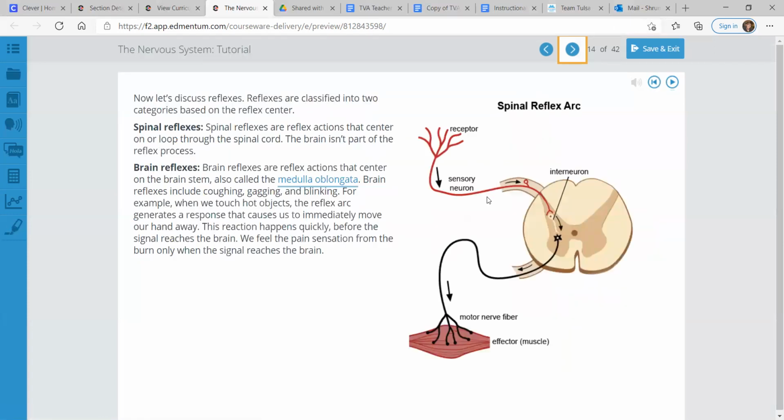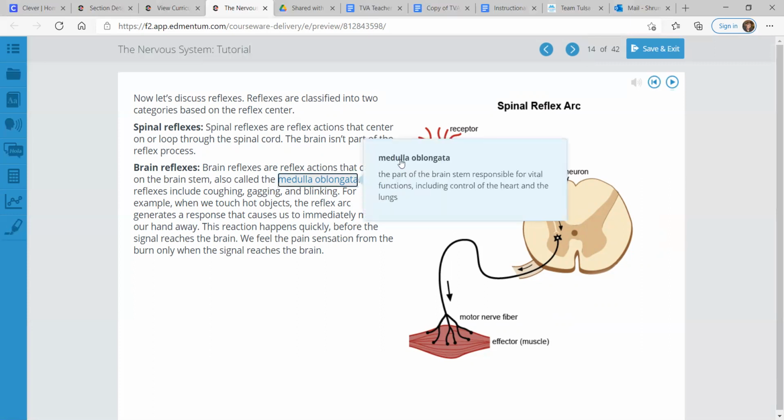So let's discuss reflexes. There are two types of reflexes based on the reflex center. Spinal reflexes, those are actions centered on or looping through the spinal cord. The brain isn't part of that reflex process. Then we have brain reflexes, and those center on the brain stem, also called the medulla oblongata.